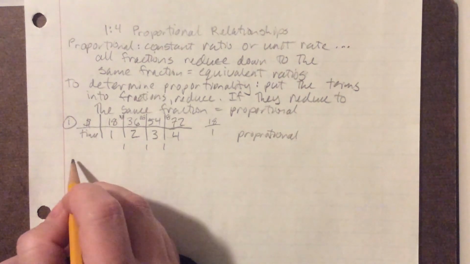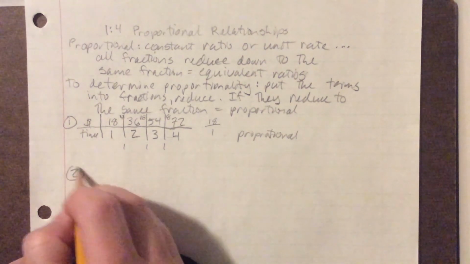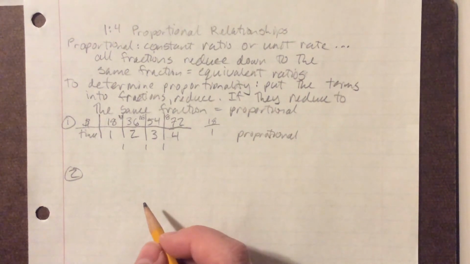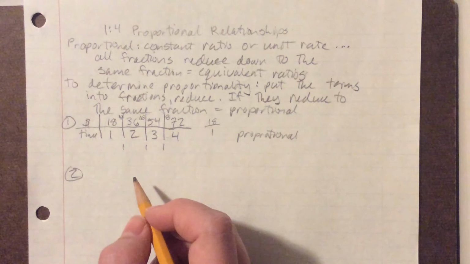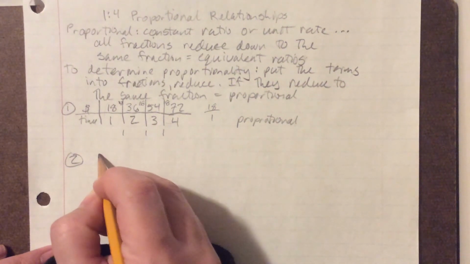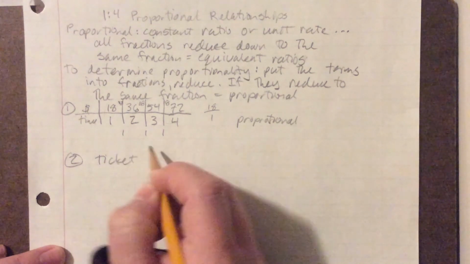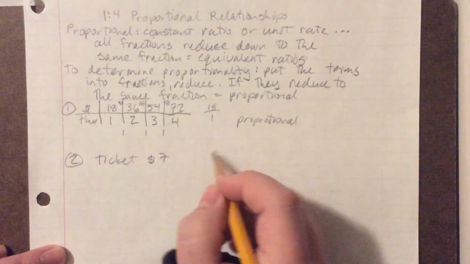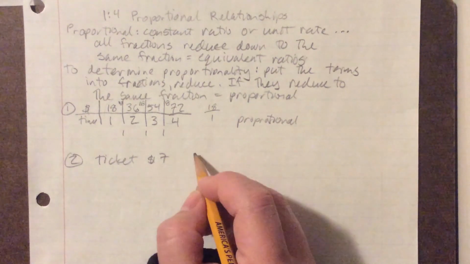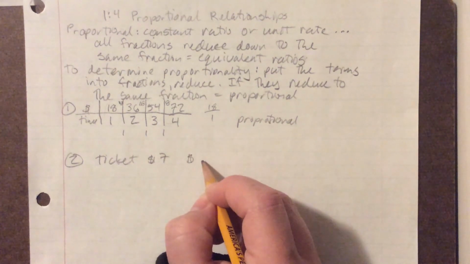Okay. Another situation. We are buying tickets to a baseball game, and the ticket website charges $7 per ticket. And then for each order, there is a $3 processing fee.